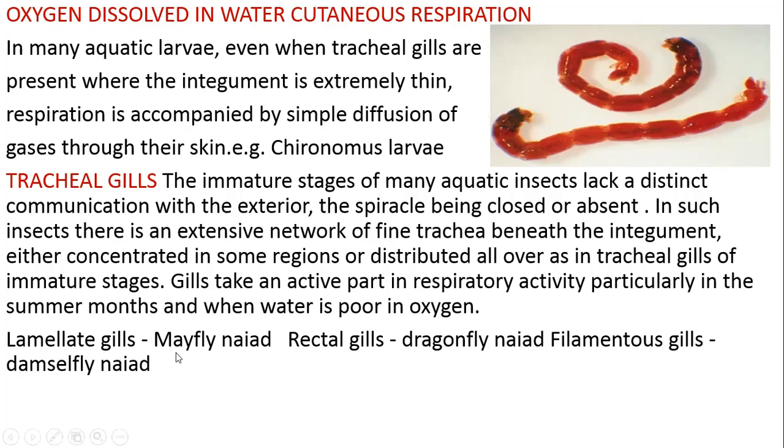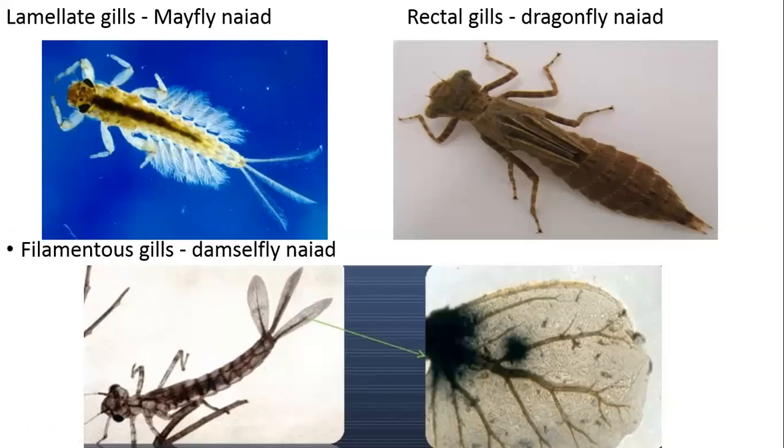Lamellate gills in mayfly naiads, rectal gills in dragonfly naiads, or filamentous gills in damselfly naiads. Here is the lamellate gills in mayfly. This is the naiad of mayfly.